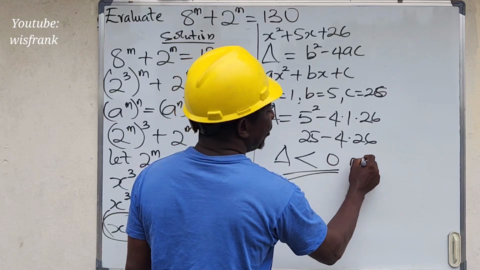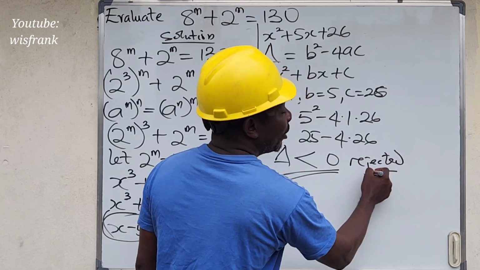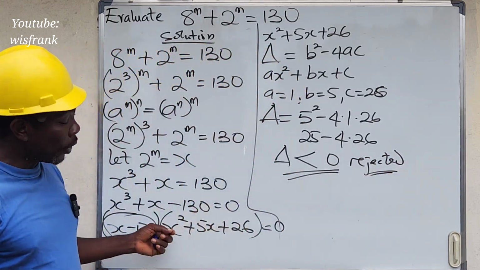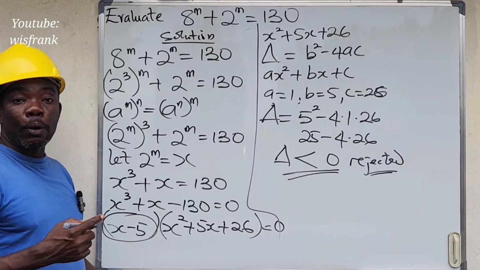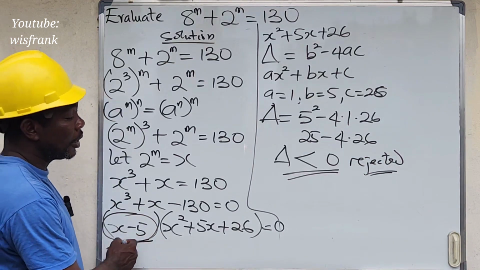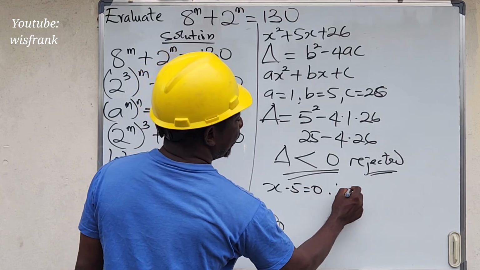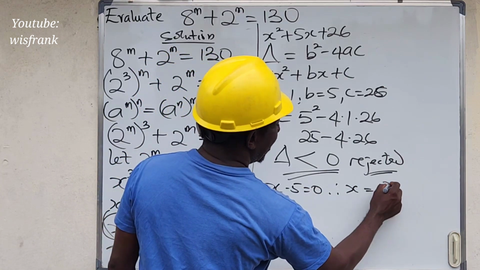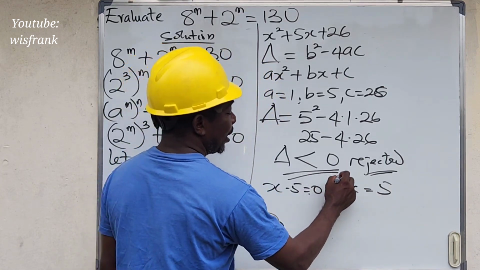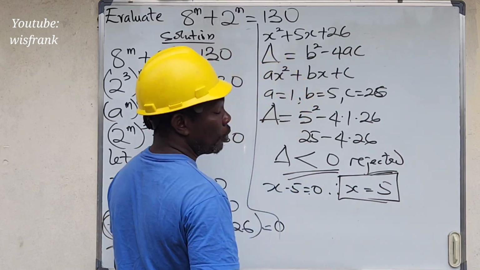So this is rejected because it has an imaginary root. The next solution that we are going to pick is the first parenthesis, where x minus 5 equals 0. Therefore, our x equals 5 when minus 5 is transposed to the other side. So the value of our x equals 5.